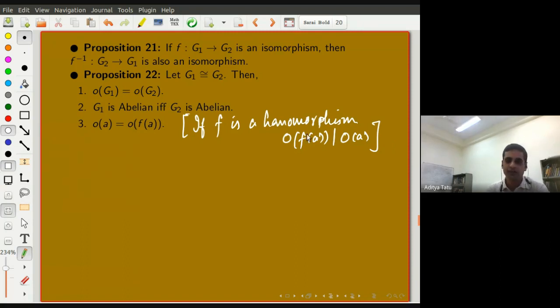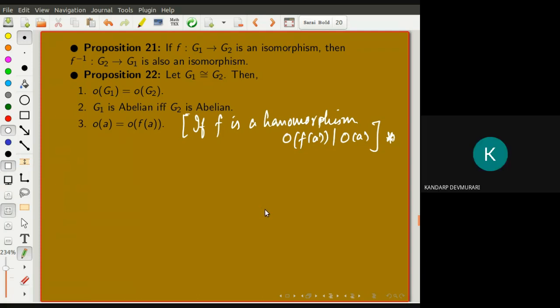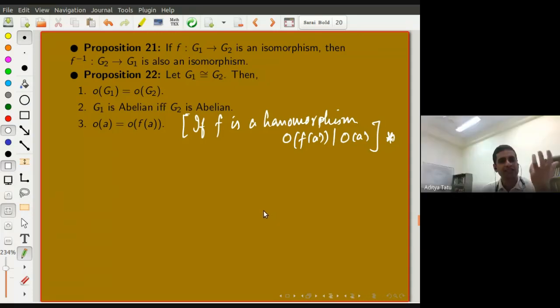This thing is already known. Remember, f is an isomorphism, which means f is also a homomorphism. So this thing is already known. Since it is an isomorphism, f is also one-one. So the order of a will be equal to the order of f of a. Is that a direct implication?